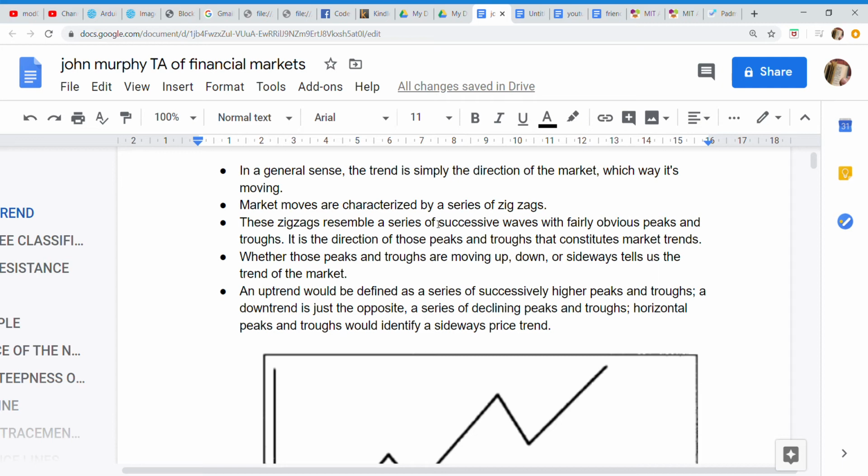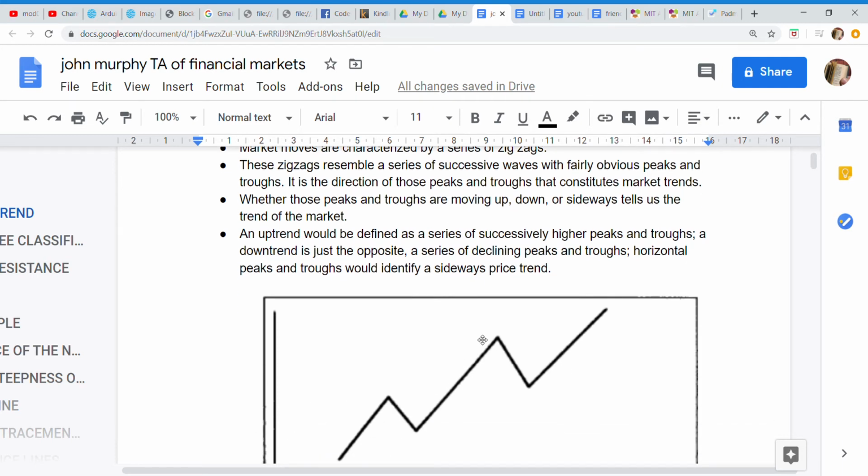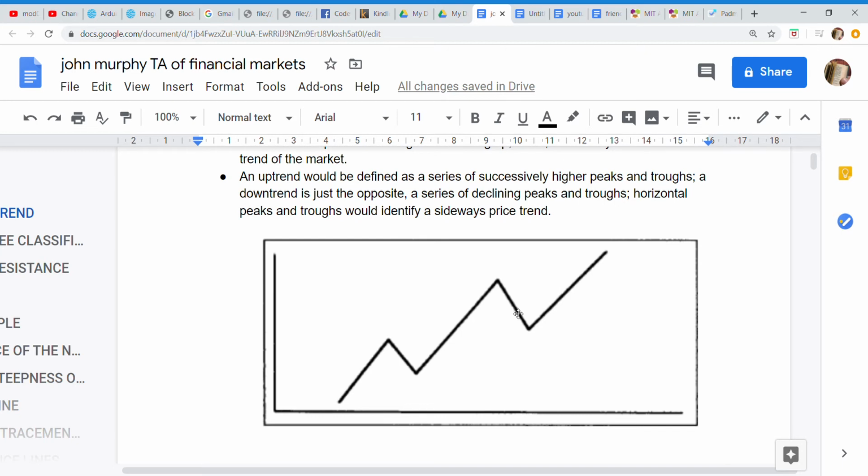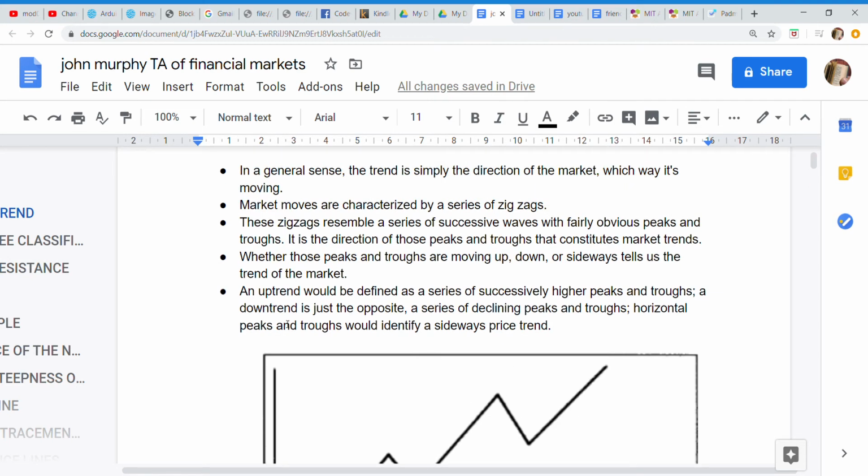It is the direction of those peaks and troughs that constitutes the market trend. That means whether we are going in an uptrend or a downtrend, that is the direction of the market. If these zigzags are going upwards, it is an uptrend.